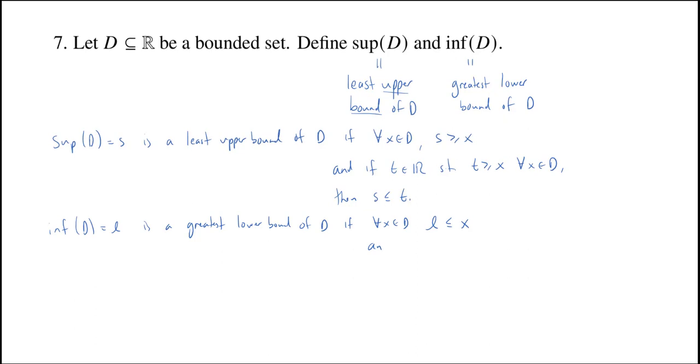That gives us the lower bound portion. And if t is some other lower bound, so t is less than or equal to x for all x in D, then now we want little l to be the greatest of the lower bounds, so little l should be greater than or equal to t. All right, so that's our definition. Well, let's move on to problem 8.